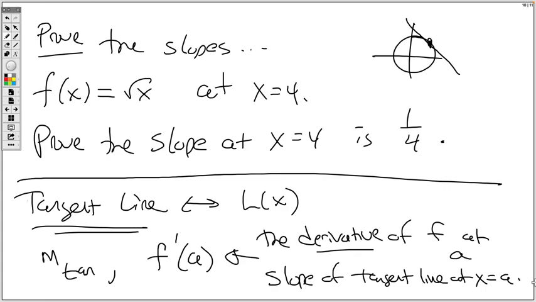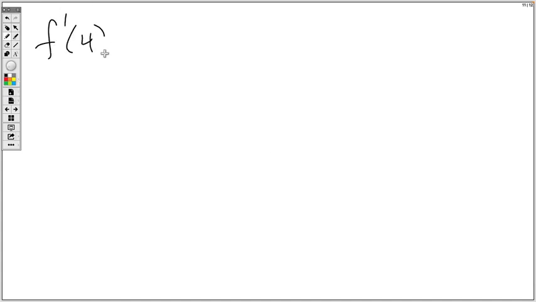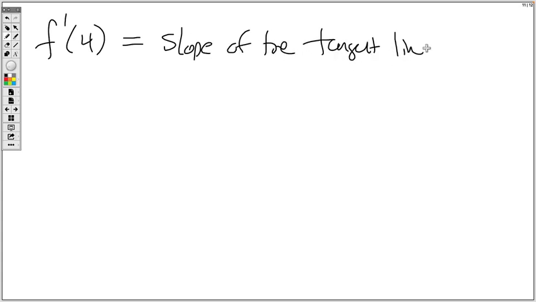It's a derived function. So if you say something is derived from something else, you've started with something, you've done something to get something else, right? Something is a derivative of something else. So we start with our function, and then this slope, you can get this slope from the function itself. So f prime at 4 means I want the slope of the tangent line at x equals 4.